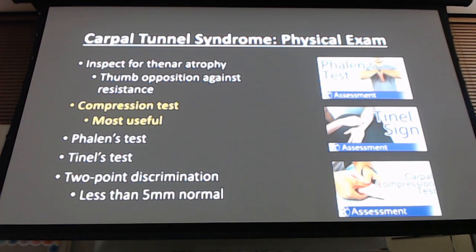Okay. Thumb opposition against resistance. We talked to you guys about this with the CMC grind test, CMC arthritis, things like that. What is the okay sign? What are you testing with that? Nerves, right?